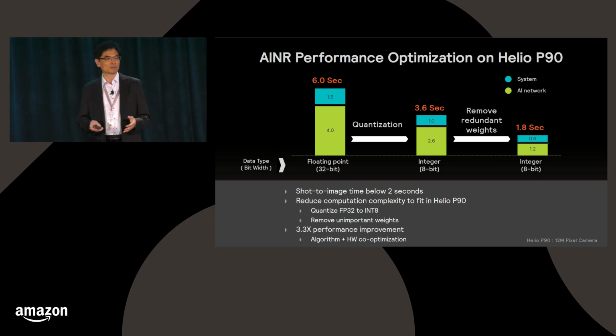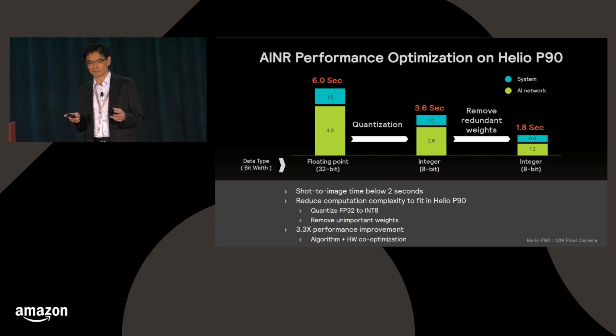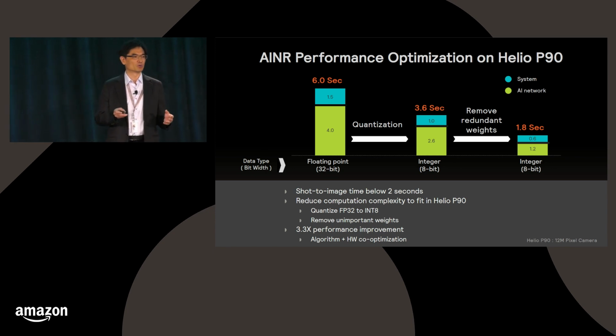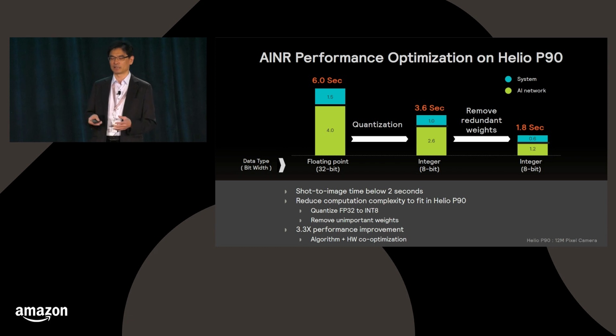That is still too long, because the maximum time users generally can accept is 2 seconds. So we apply another technology called network pruning, which reduces unimportant or redundant weights in the network, so that we can reduce the response time, that is shot-to-image time, to 1.8 seconds.